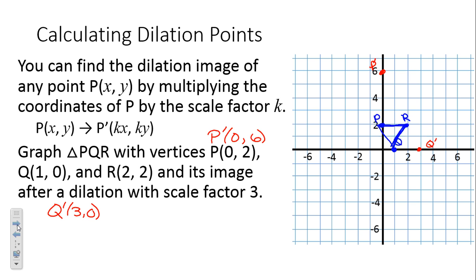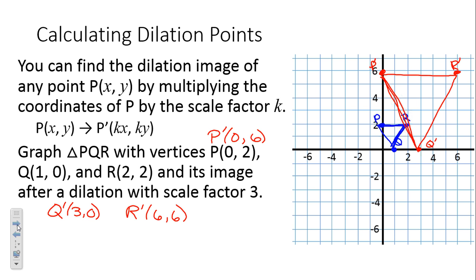R is the point 2, 2. 6, 6. Draw your triangle. I'm not doing a good job of drawing a straight line.